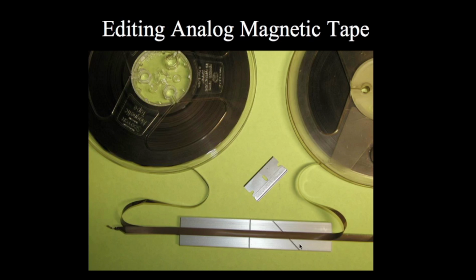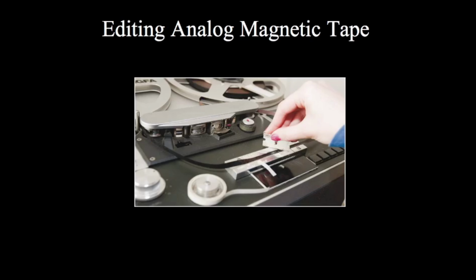That way you're making an exact cut so that the two reels of tape that you are splicing together are cut in the same way, at the same angle. So what ends up happening is you cut at that point, and then you literally tape them together at that splice point. To give you a sense of this, here is splicing in action.